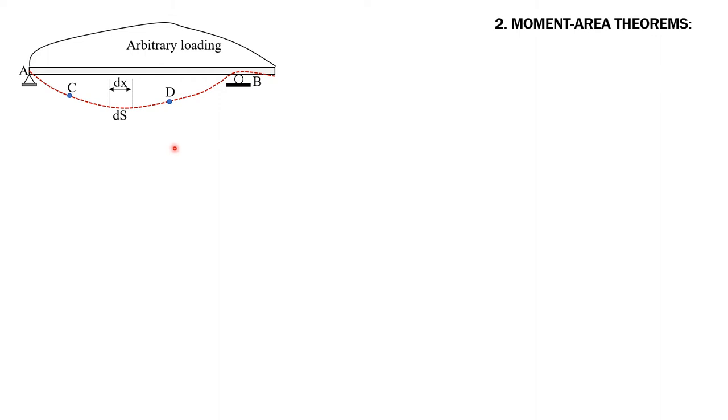I already mentioned in the double integration method that usually slopes do not reach 1 degree, and that the tangent of angles less than 1 degree is practically equal to the angle in radians, so 1 times pi over 180. And take note that that's a given.